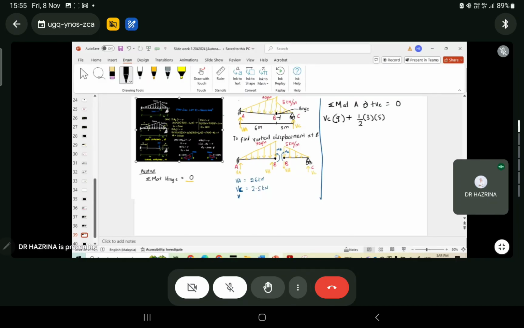Here, is it 1/3 or 2/3? 1/3. Okay, here is 2/3. So it means half times base times height is your force. So this one is your force, and then you multiply with the distance. So what is your distance? Who can tell me what your distance is?